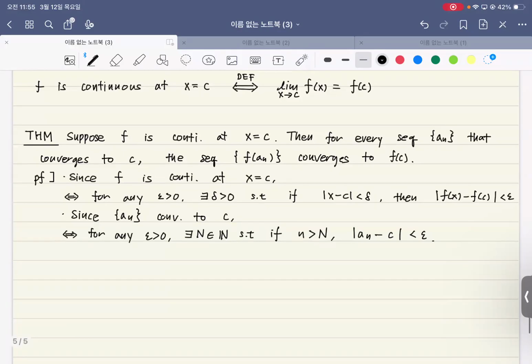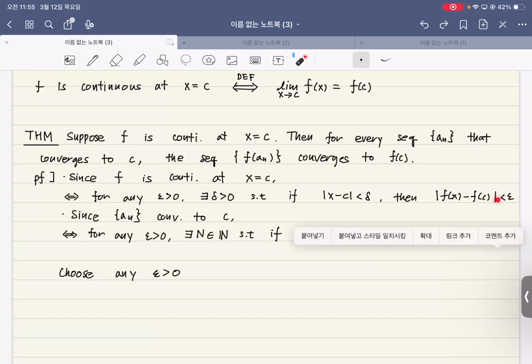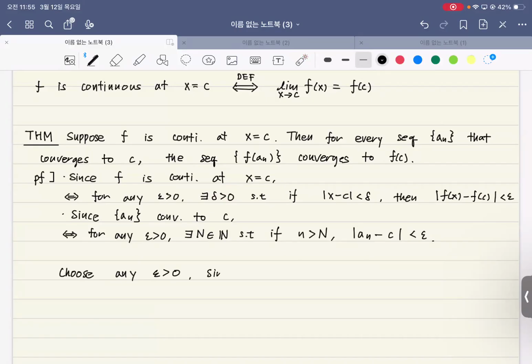Choose any epsilon. Since f is continuous at this point, for this given epsilon I can find a delta satisfying the condition. Now this delta is still some positive real number.